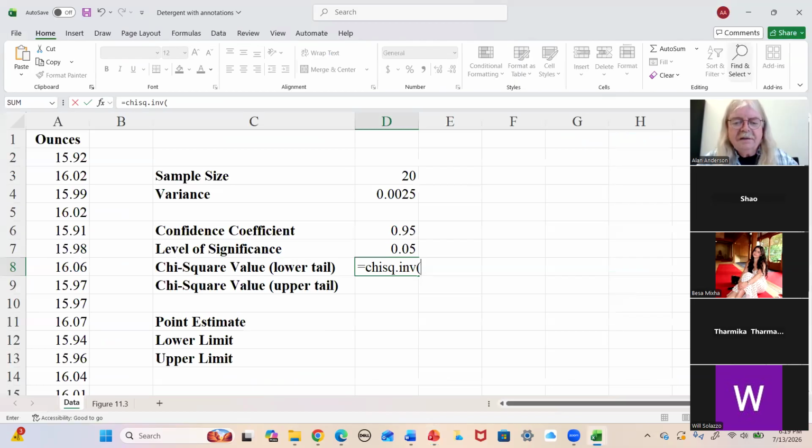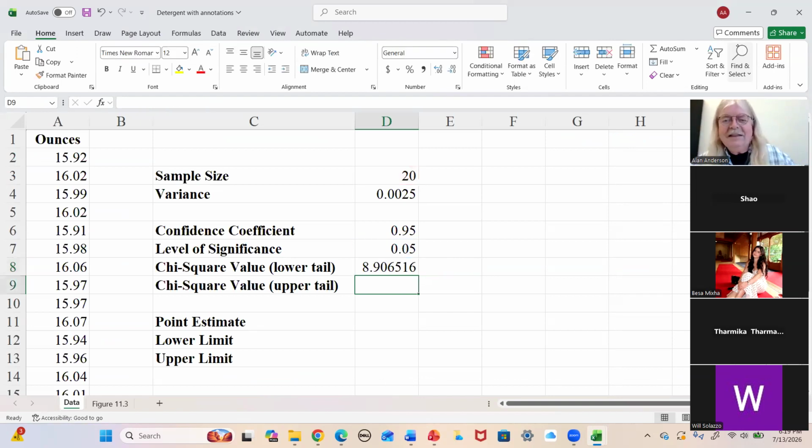So we're going to type that as D7 over 2. Then degrees of freedom is n minus 1, which means D3 minus 1. All right. Looks familiar. Yes, it does. It's the same one. For the upper tail, though, the command is different because they have a separate command for the right tail of the distribution.